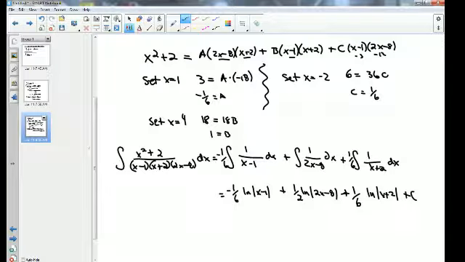It's 1 over 2x minus 8 times 2, right? There's no 2 up here. So we have to counteract that with a 1/2.